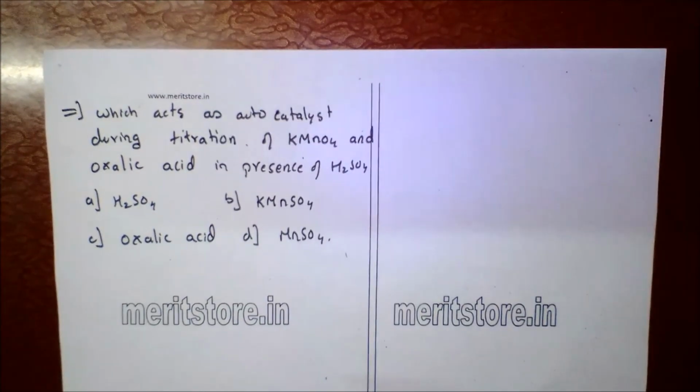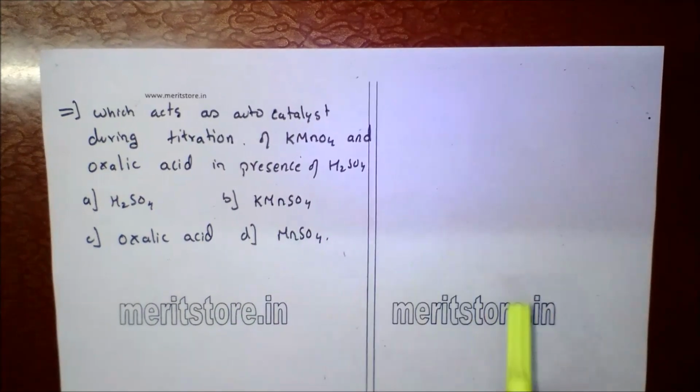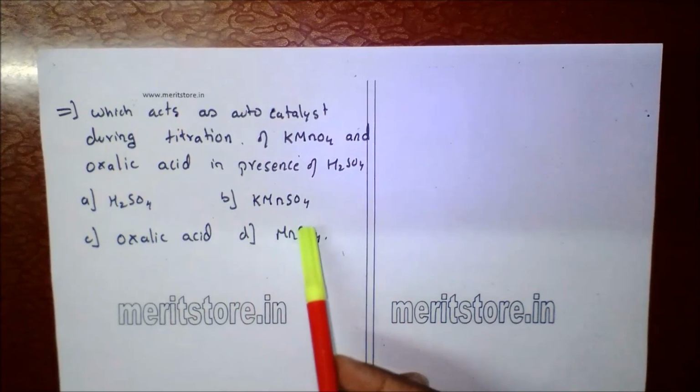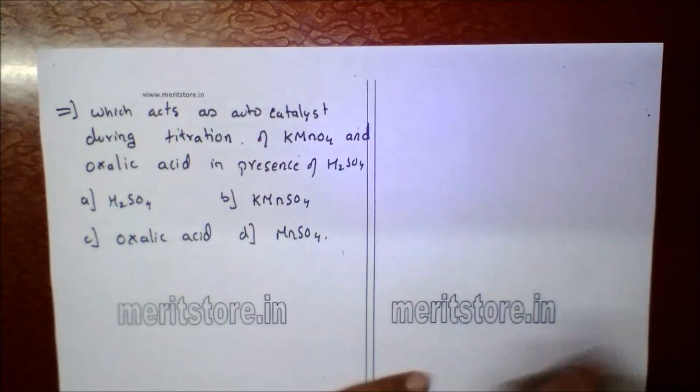Which acts as autocatalyst during the titration of KMnO4 and oxalic acid in the presence of H2SO4? A. H2SO4, B. KMnO4, C. Oxalic acid, and D. MnSO4.